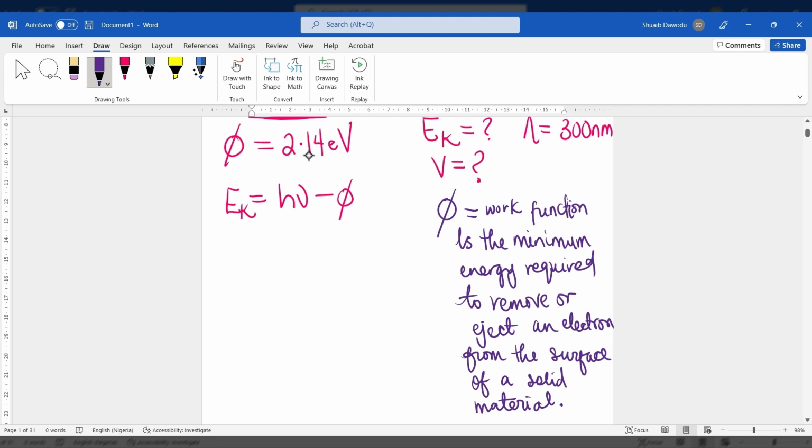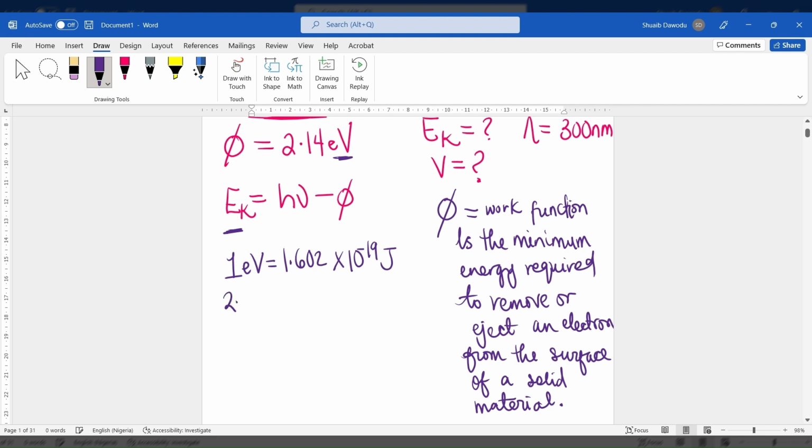And here we're given the work function to be 2.14 eV. Because we're supposed to get the kinetic energy in terms of joules, there's something you have to do. You have to go from eV to joules. So 1 eV is equal to 1.602 times 10 raised to the power of negative 19 joules.